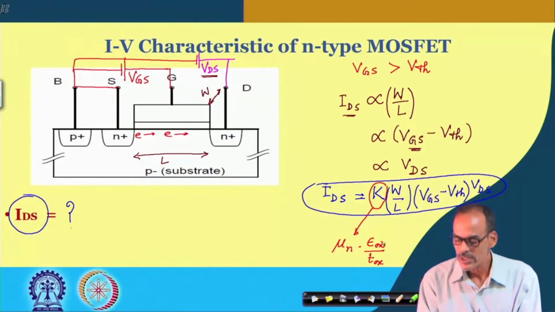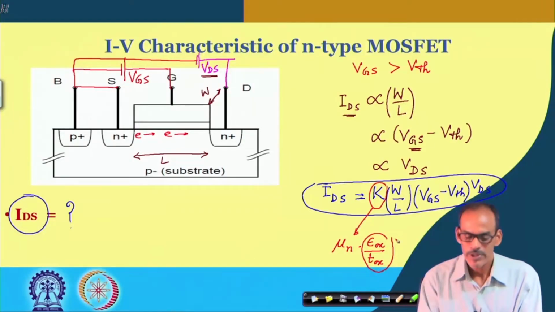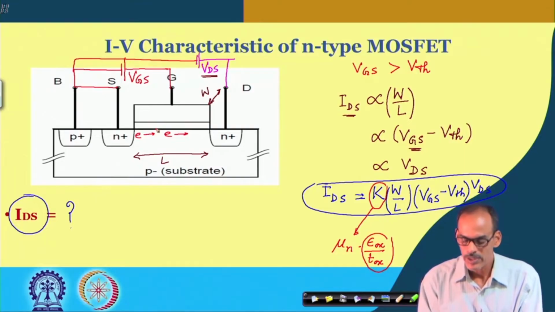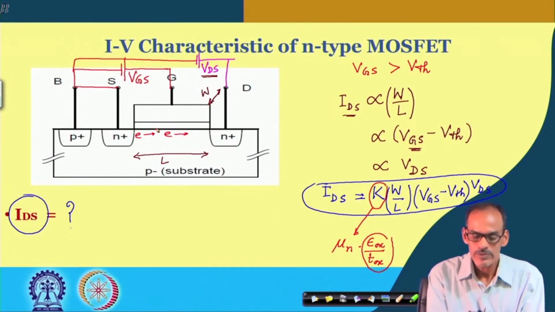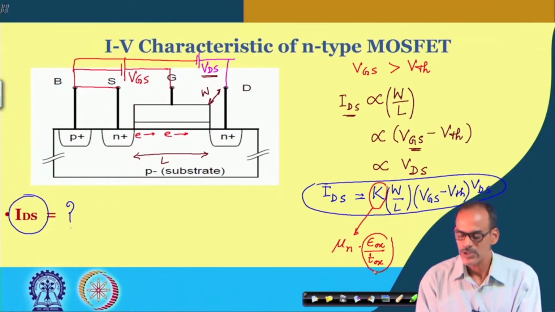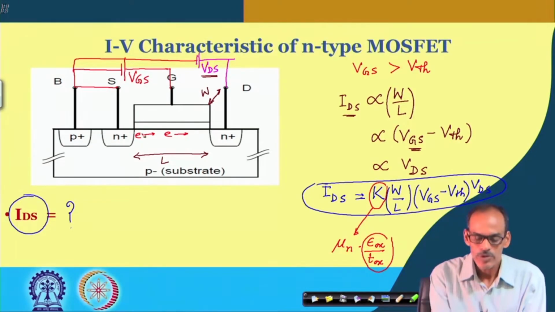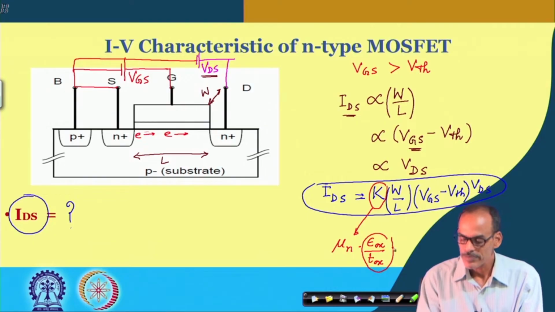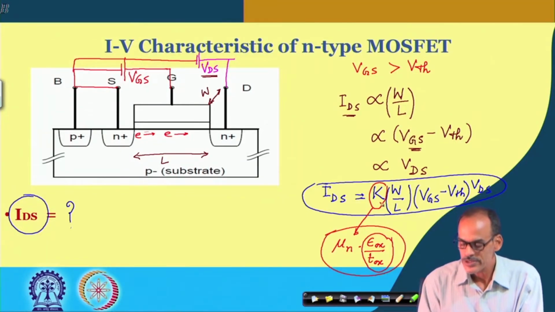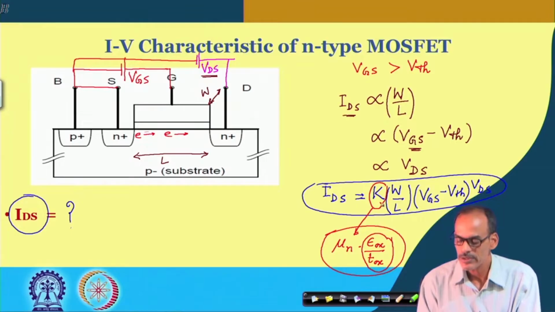So, intuitively you may say that this represents the capacitance of this structure, which is per unit area of course. So, for a given supply voltage here, the amount of field getting created directly depends on this epsilon divided by T ox, or rather the amount of carriers that will be available depends on this ratio. So, from that you can say that this K, which is basically coming from the device parameters, can be directly written in this form.